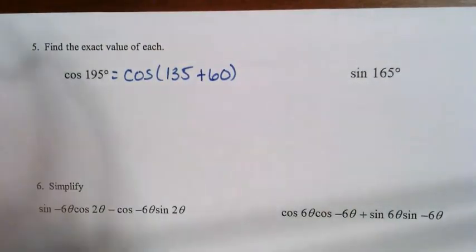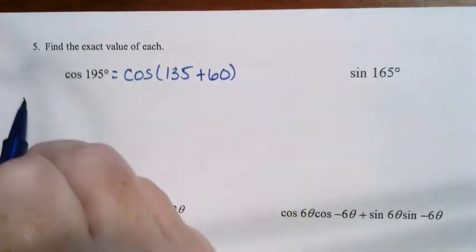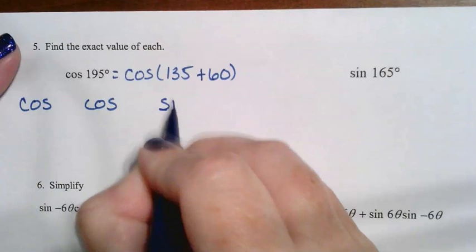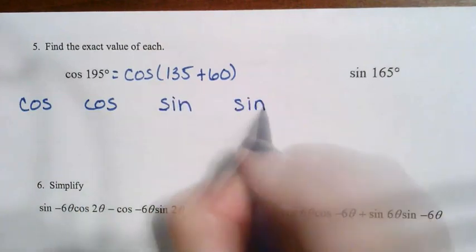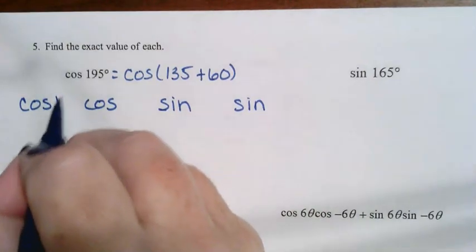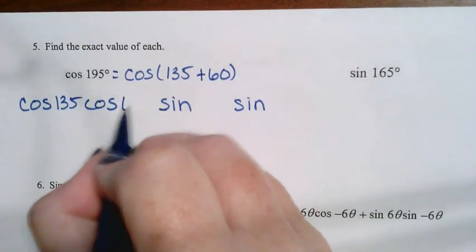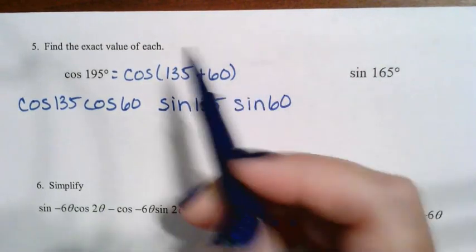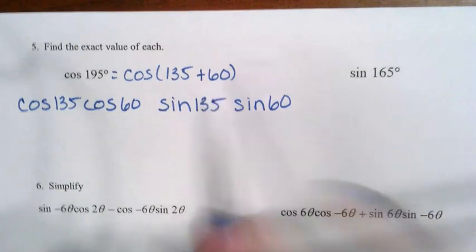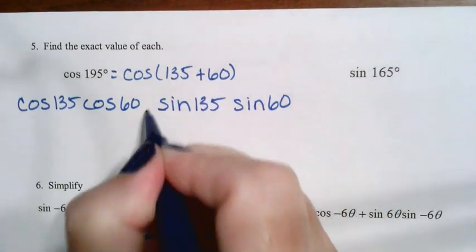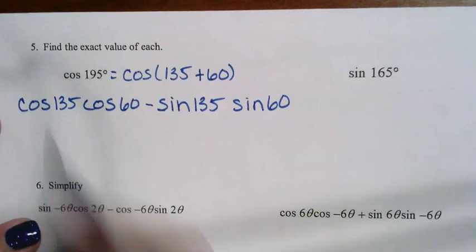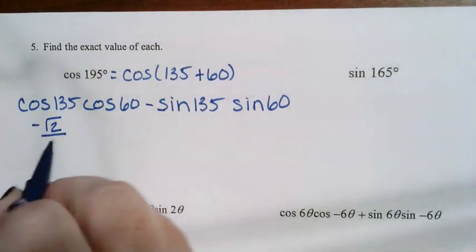Okay. So the formula is cosine, cosine, sine, sine. A, B, A, B. And because this is cosine, and my students will know it's the clap, we change this to a minus sign. So now we just go to the unit circle. Cosine of 135 is negative square root 2 over 2.